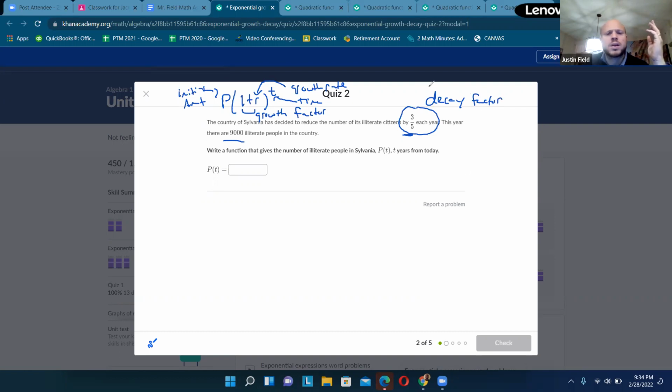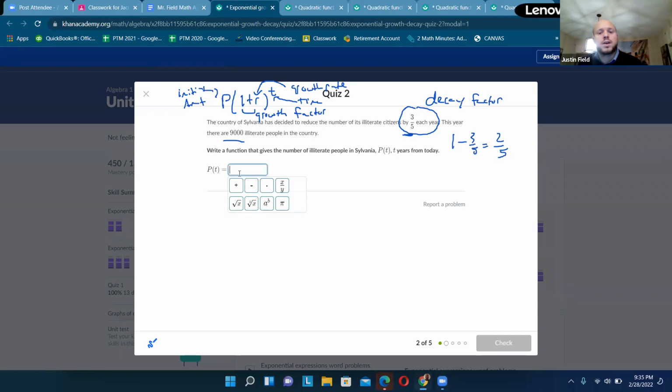So they want to reduce it by that much each year, which means they want to keep 2/5, right? So if we do 1 minus 3/5, that's 2/5. I'm going with it. 9,000 times 2/5 to the T.